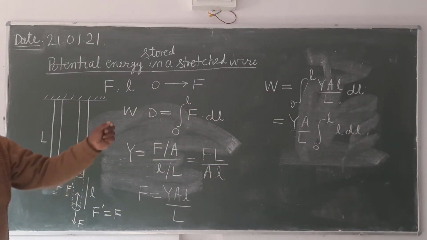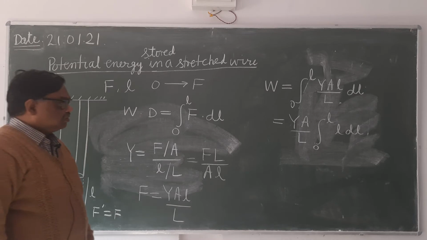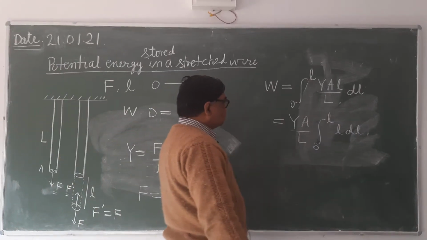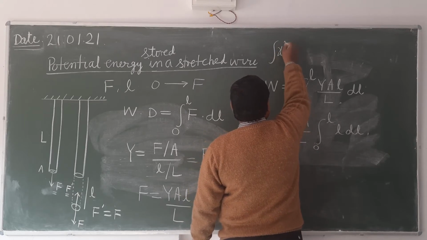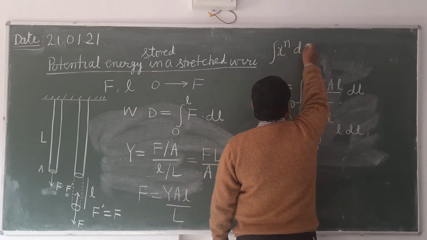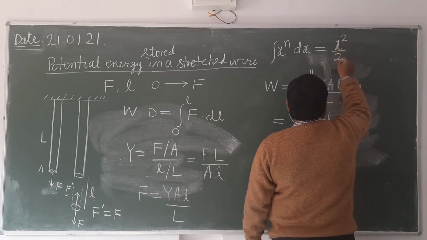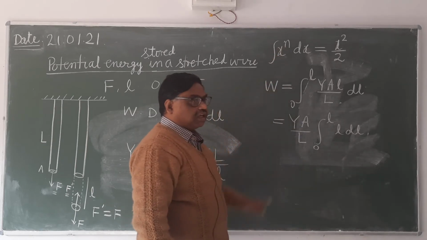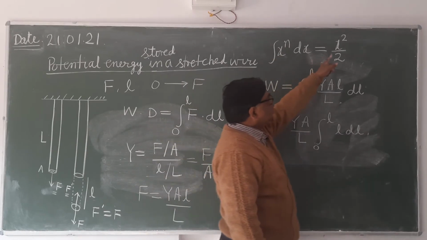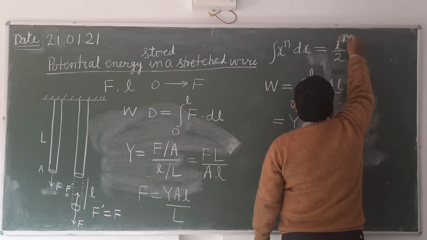Now what will be integral l dl? Who will tell? Integral l dl. l square upon 2. You know this formula, integral x to the power n dx equals x to the power n plus 1 upon n plus 1.